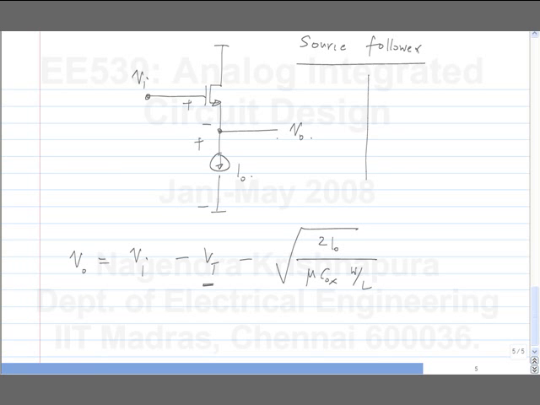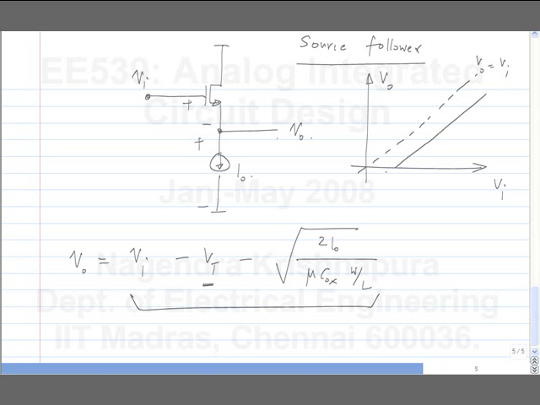So simply, if you plot Vo versus Vi, this line corresponds to Vo equals Vi. So this characteristic is given by the straight line parallel to this. So what is the non-ideality that comes into picture here? Vt itself is a function of VSB, right?